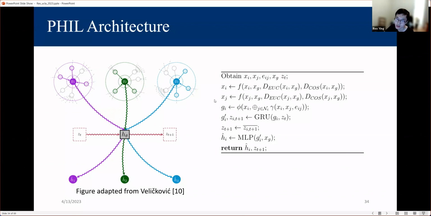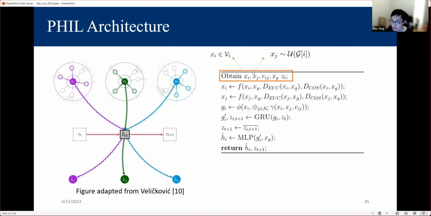The third step is the message passing, and the fourth step is the RNN, the temporal component, where we update the current state according to the history. With both steps, we obtain the representation of these fringe node states, and then we use an MLP to predict the distance. This is pretty simple.